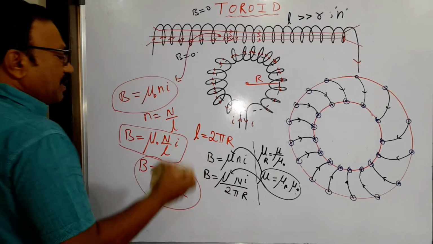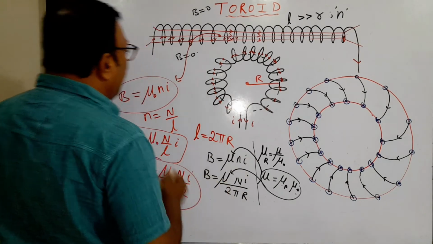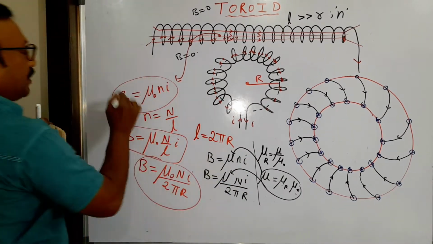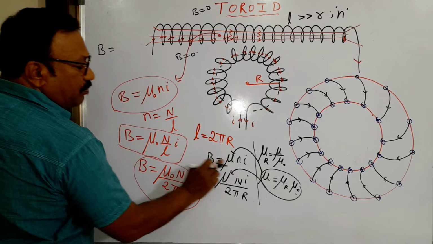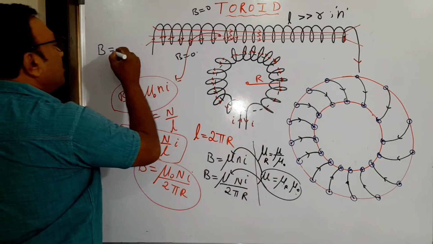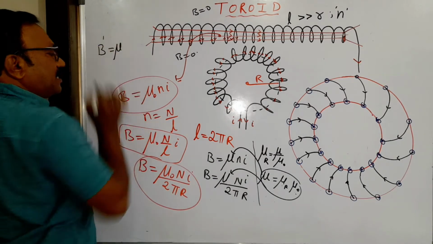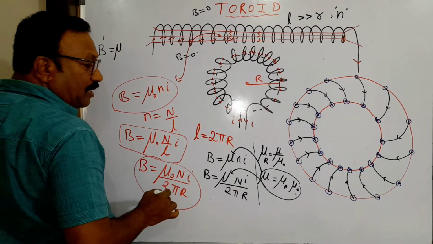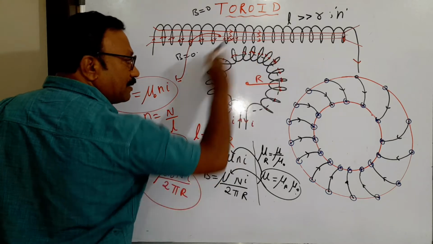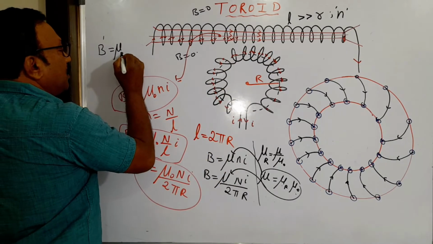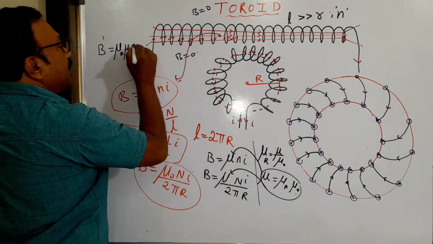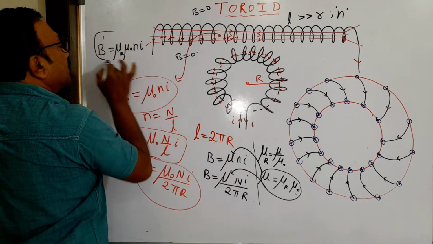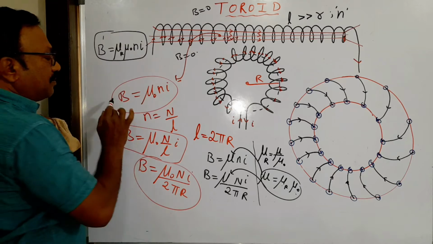So then what happens to that formula in case you have a material? I'll write over here, okay? This B is equal to, this mu is written as mu r into mu naught. I'll call it B dash, shall I call it B dash when material is there inside? This is mu r into mu naught into Ni. Observe the difference between these two.